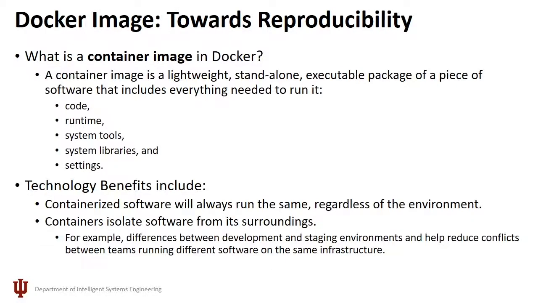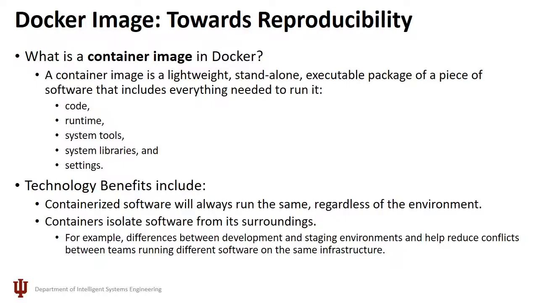So a Docker image is used to provide a lightweight standalone executable package of a piece of software that includes everything that you need to run it. This includes code, runtime, system libraries, system resources, and settings.